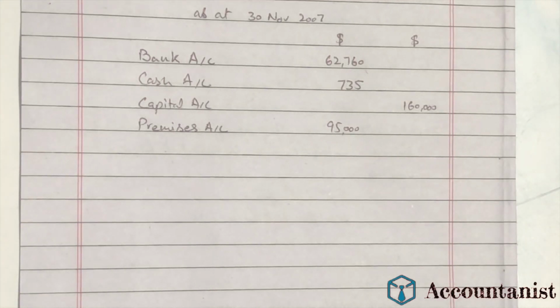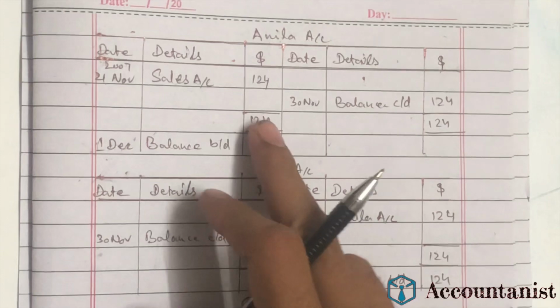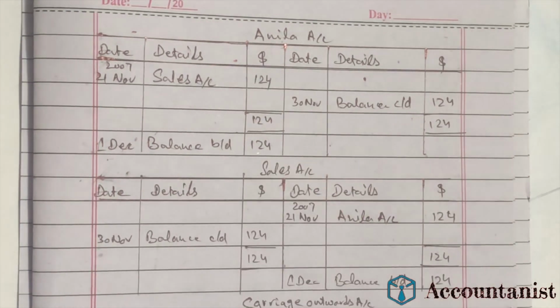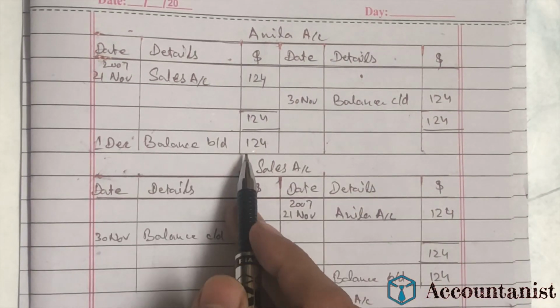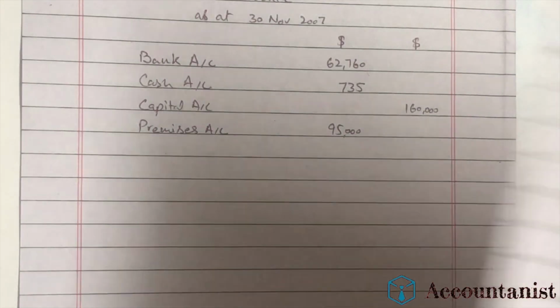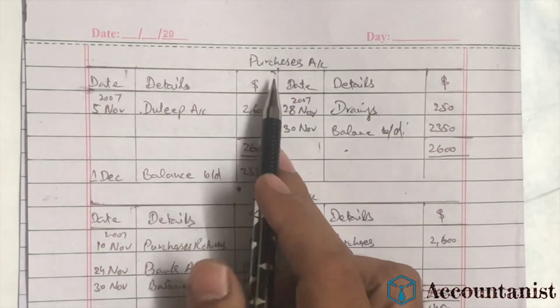Now the next account that we had made in that question was Anila's account. So we are going to write Anila account, and it has a debit balance of 124. Before Anila account I did make the purchases account, so we'll make this purchases account before.